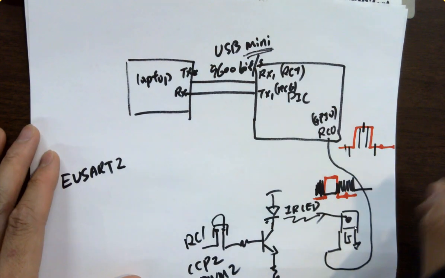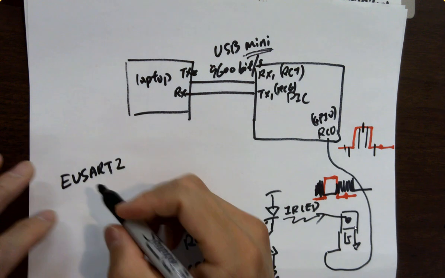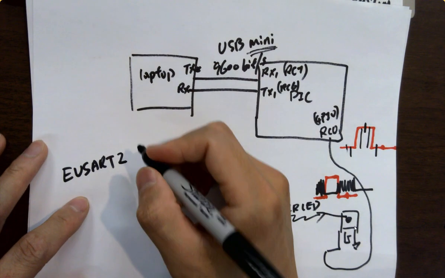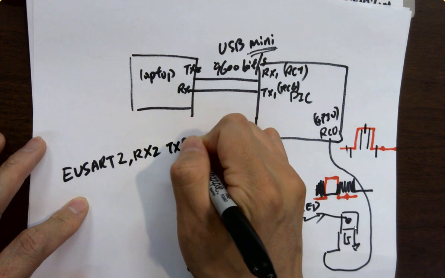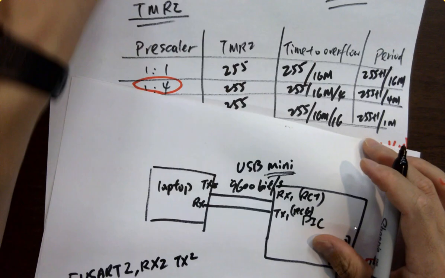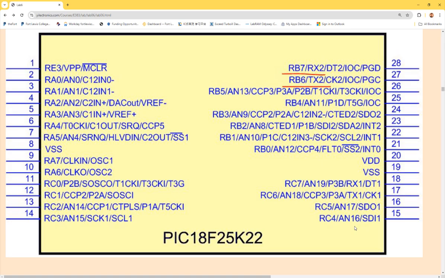All right, let's see. What are the pins for EUSART2? So definitely you have RX2, TX2, and what are the pins? Let's go back. RB7, RB6. I marked it for you. Oh, he has them. B7 and B6. Okay.